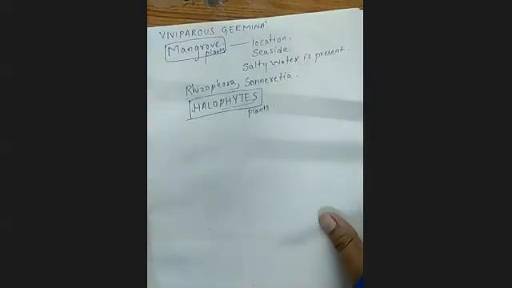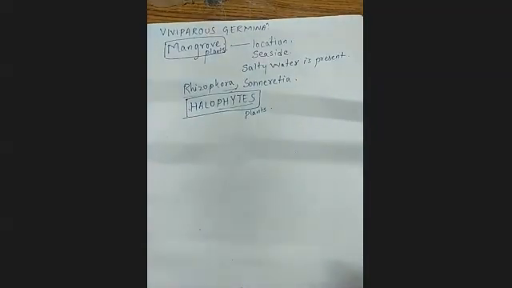So those plants which grow in the presence of salty water are called halophytes. And one of the major groups for that is mangrove plants. In that, Rhizophora and Sonneratiaceae are the examples. Are you clear with this?